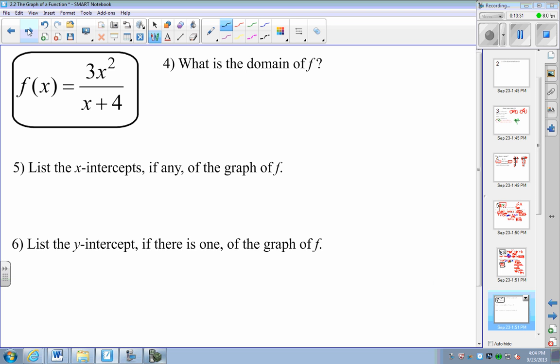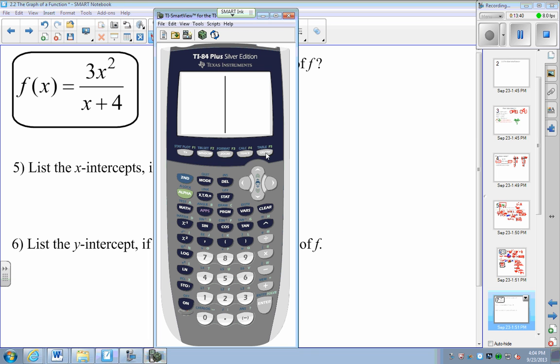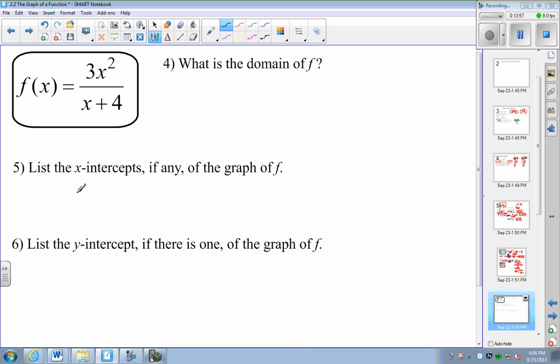Few more questions with the same problem. What's the domain? Well, we know domain is all the x values. Few ways we can look at it. We graph this guy. Okay, can't really tell there what happens, but we know zeros on the bottom are going to give us a hard time.